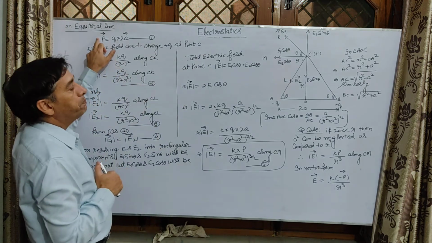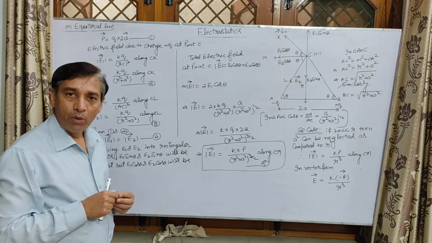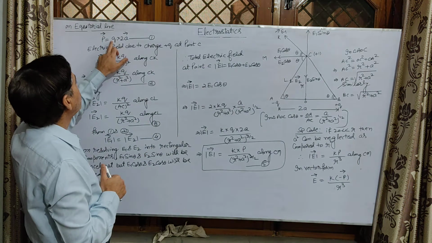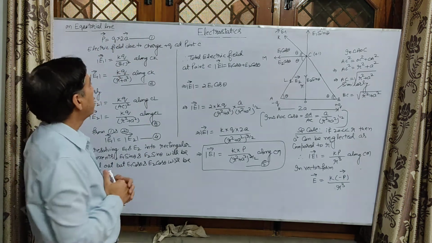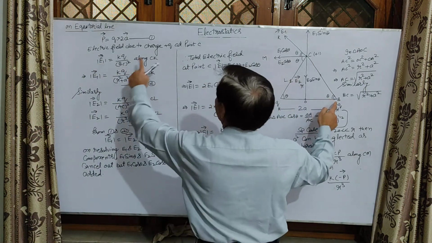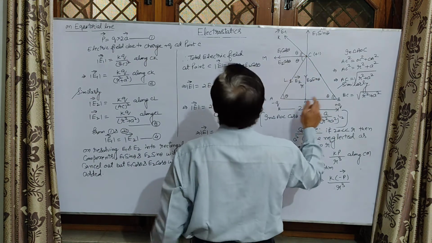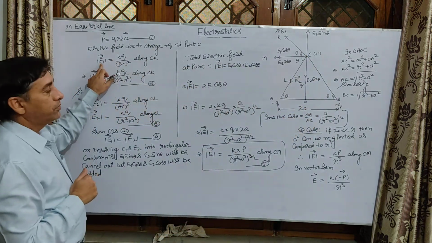First of all, p means electric dipole moment. It is equal to q into 2a. Now, electric field due to charge plus q at point C is given by E1.